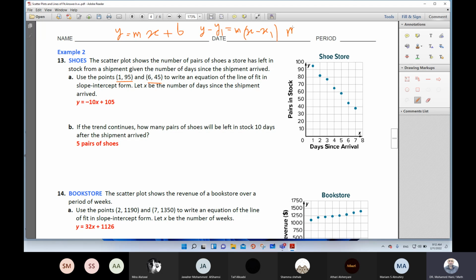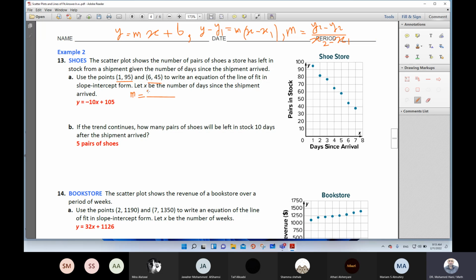And as you remember, the value of slope m equal y2 minus y1 over x2 minus x1. So at first, we want to find the slope using the two points here. This is x1, y1, x2, y2.